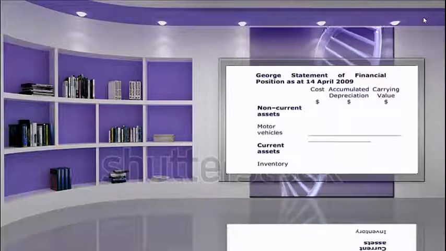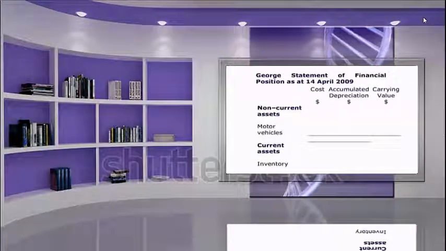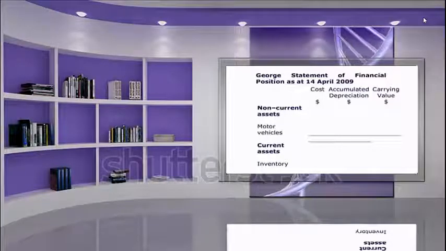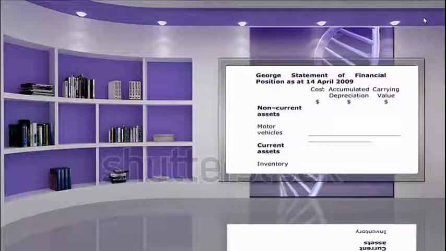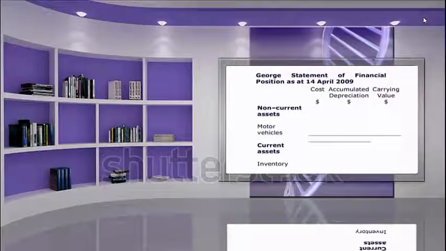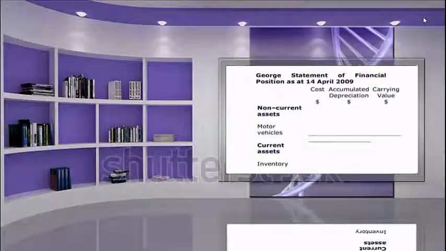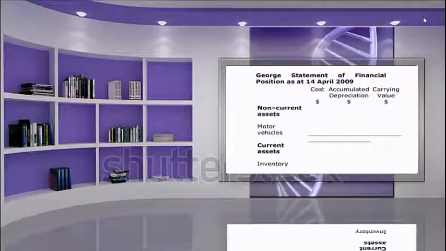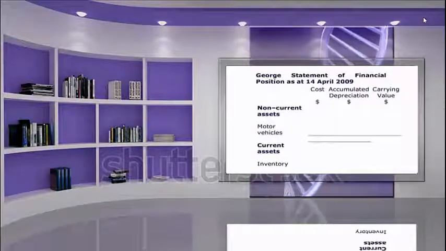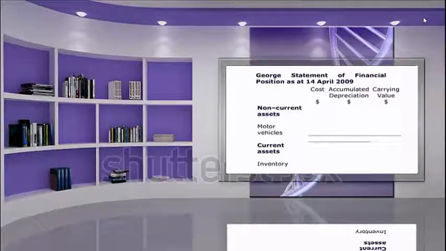So, you should have a pro forma in front of you in your notes. Now remember, the statement of financial position is as at, so a snapshot at a moment in time of the business's position. We're going to be looking at the assets, the liabilities and the capital, essentially everything else on your trial balance that you haven't yet ticked off and accounted for.